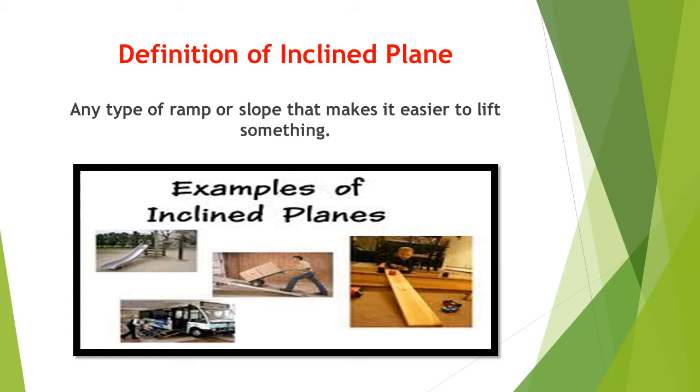We can put heavy loads on a sloping surface to move them upward or downward. This sloping surface is called the inclined plane, and it is used to pick up heavy loads easily with less effort by rolling them on the slope.